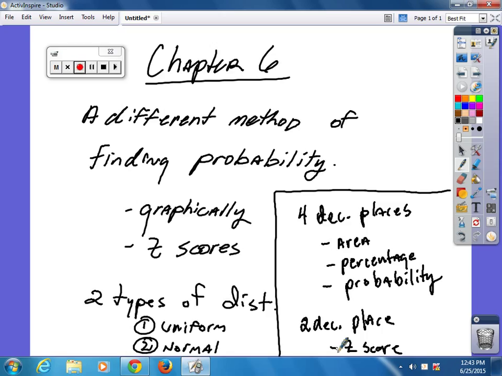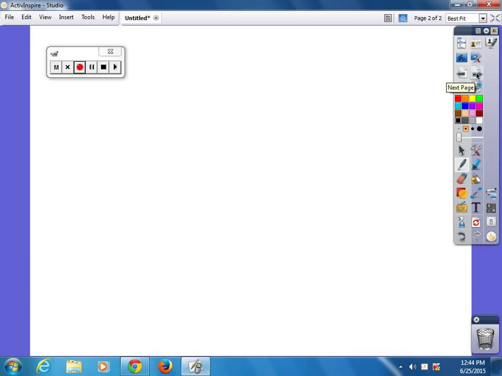Now, what do the two types of distribution look like? Uniform, there's only one thing that is uniform in our universe. What is that? Who said that? How did you know that? Not many people know that. Not many people think like that.